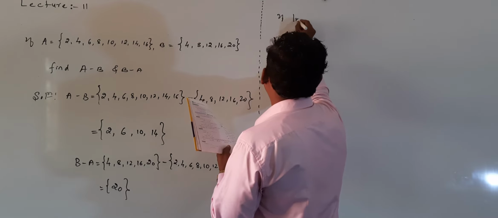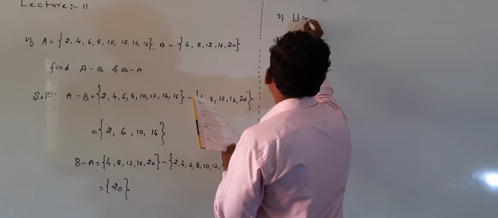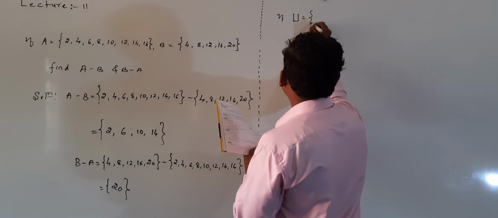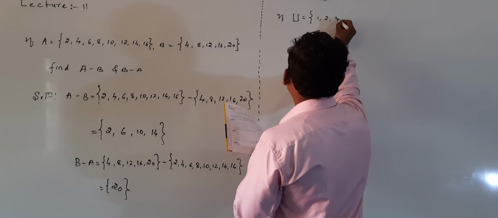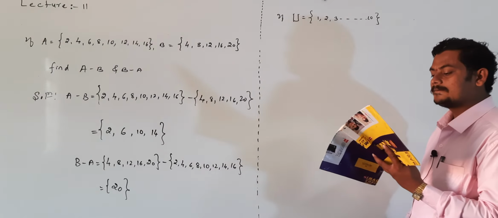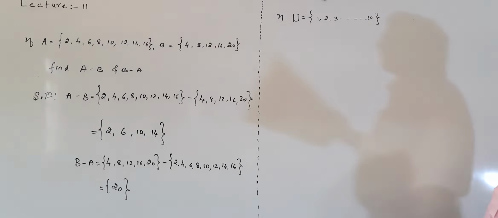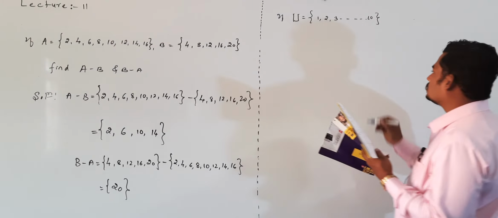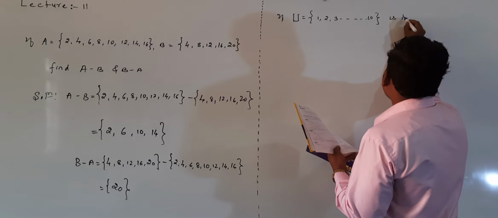If U, the universal set, is 1, 2, 3, 4 and so on, the last element is 10.